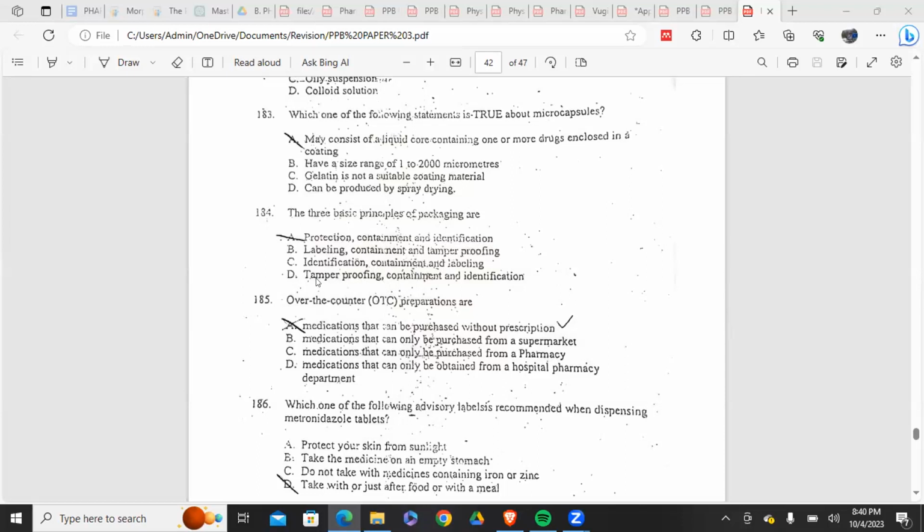They have to be tamper-proofing, containment, and identification. Containment must be there, and identification. This seems fine.